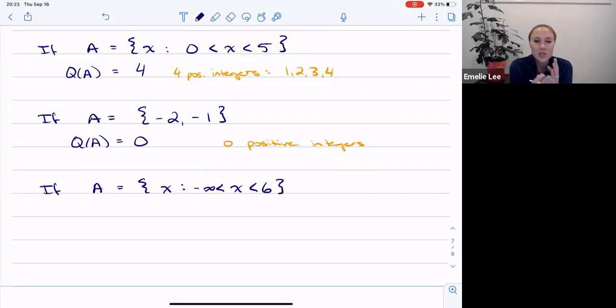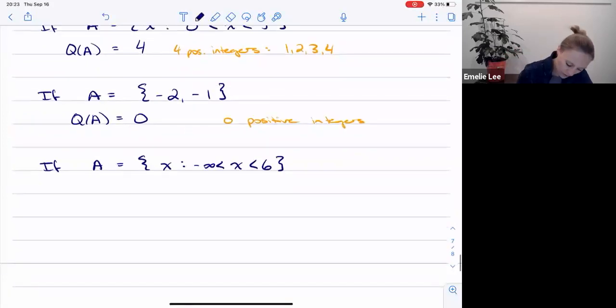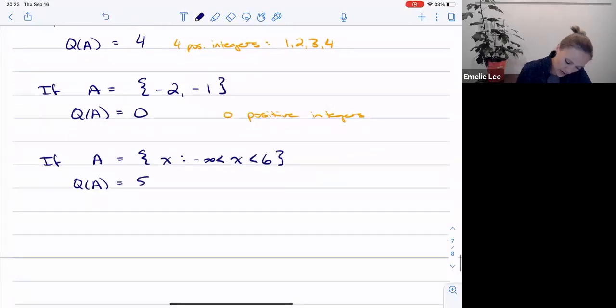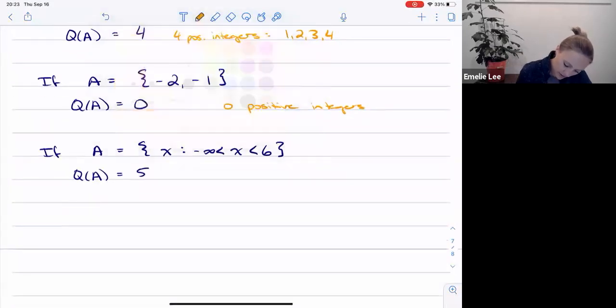And then starting at 0, right, we hit 1, 2, 3, 4, 5. 6 is not included, and so we have 5. So Q of A is 5, right? And so we have 5 positive integers. 1, 2, 3, 4, 5.